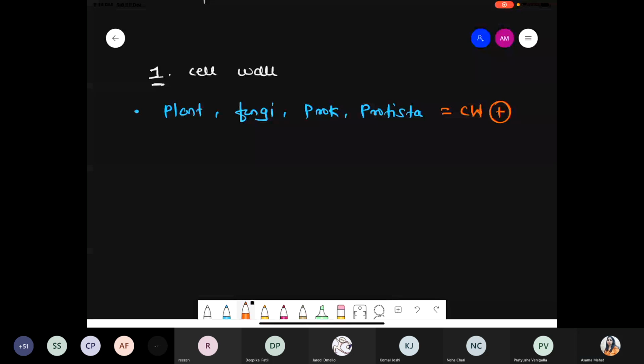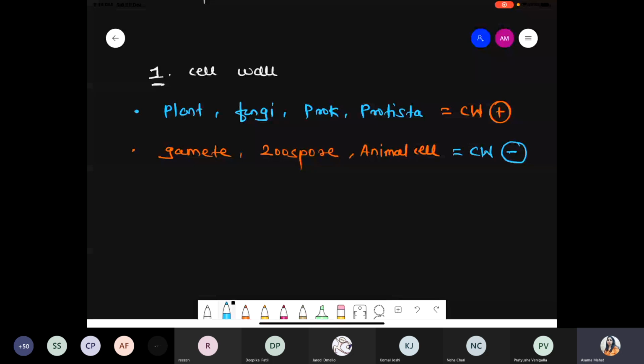But in case of the gametes, male gamete, female gamete, or in case of the zoospore that is motile spore, I hope you remember, as well as in case of the animal cell, such type of cell wall is absent. Please remember during the gamete formation and during the zoospore formation, cell wall is absent. Okay.